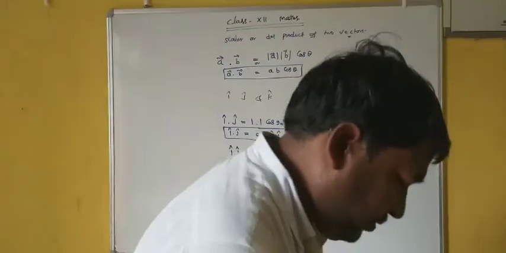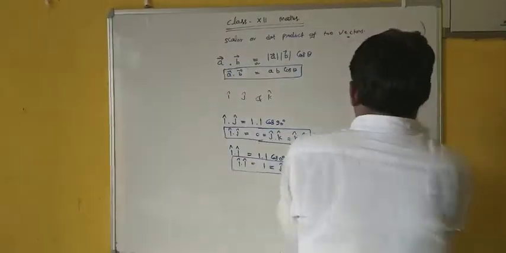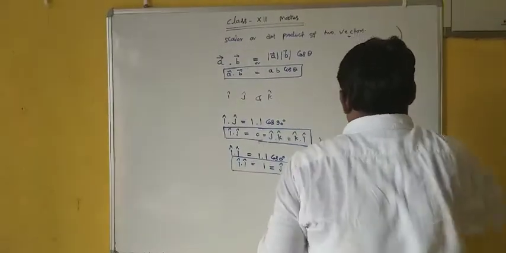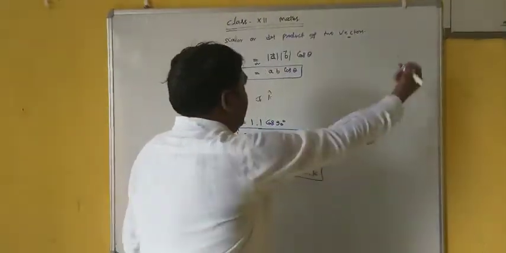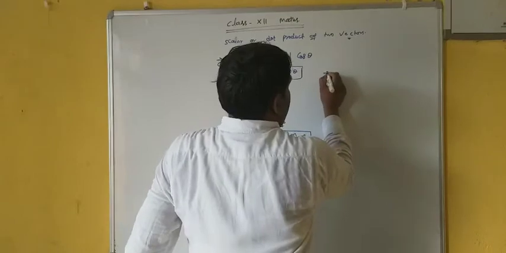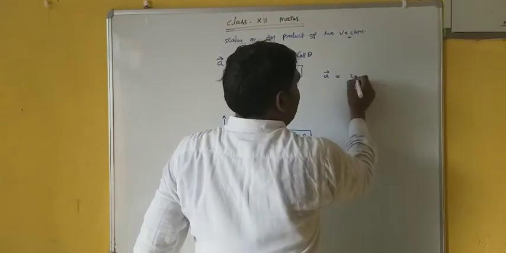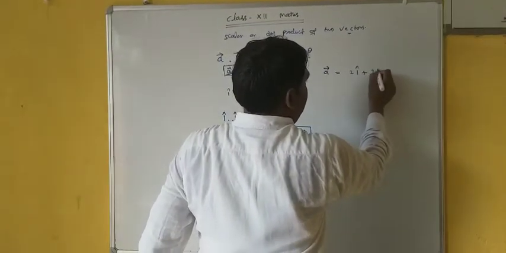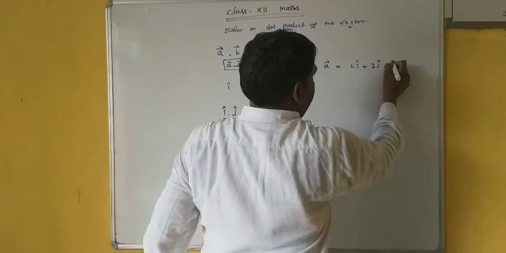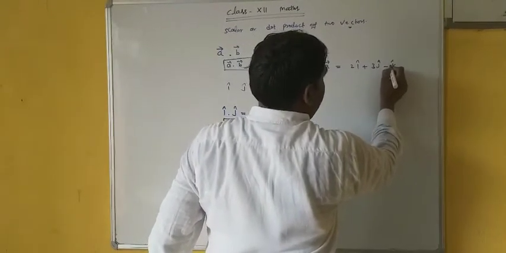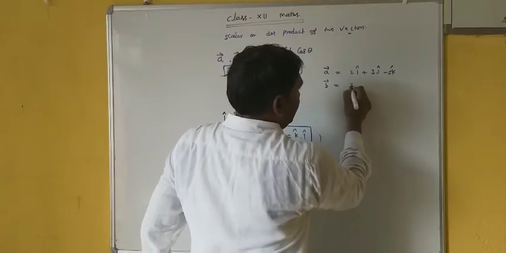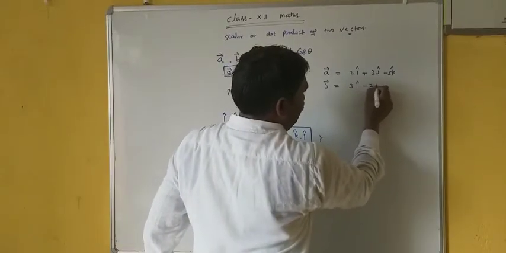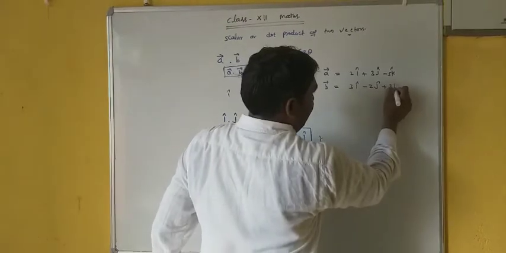Now by taking one example, how can we find the dot product if two vectors are given? Suppose vector A is equal to 2i cap plus 3j cap minus 5k cap, and another vector B is equal to 3i cap minus 2j cap plus 3k cap.